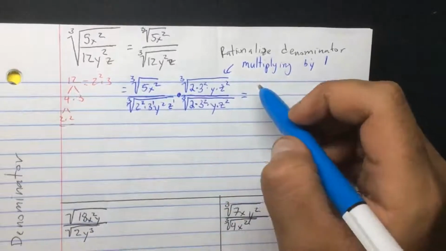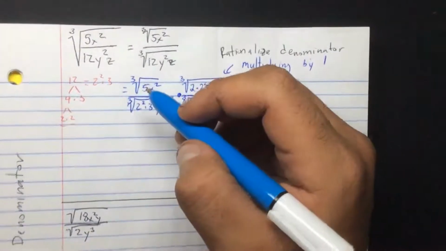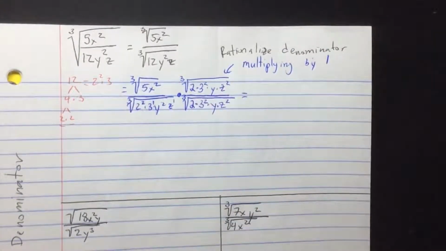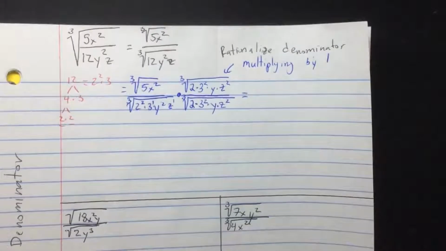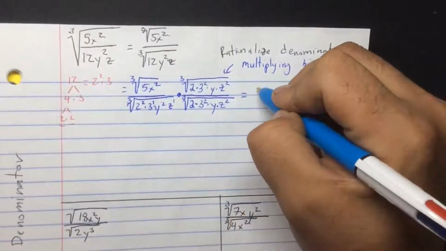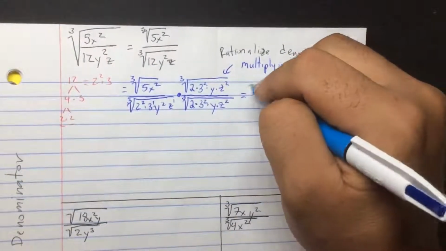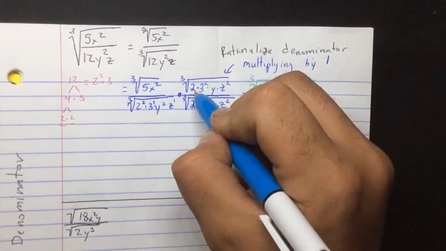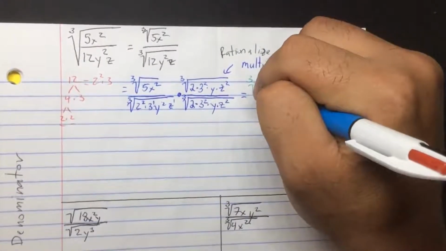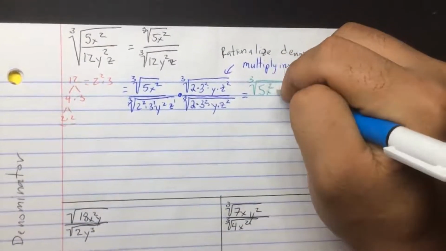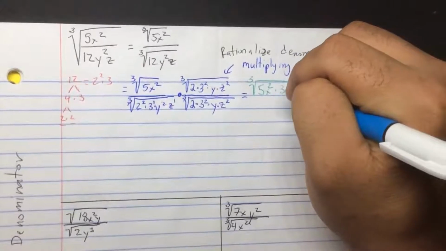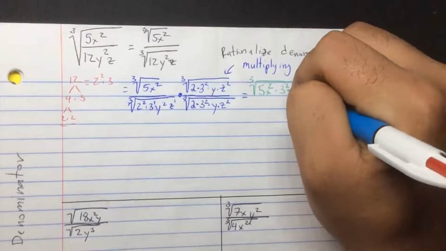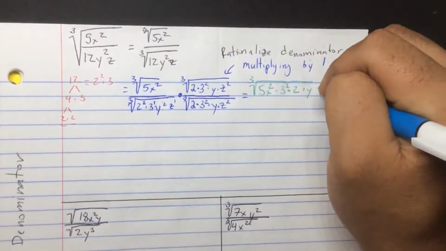All right, so once again, it's kind of finding the perfect factors for the perfect cubes. Okay, so the numerator is going to be, what color did I pick? Green. The cube root of 5x squared times 3 squared, I forgot the 2, times 2 times y times z squared.